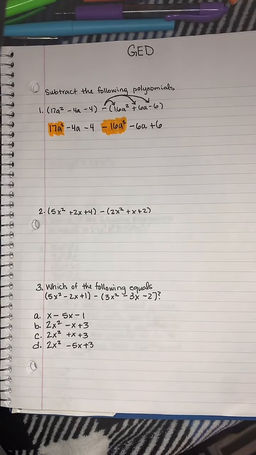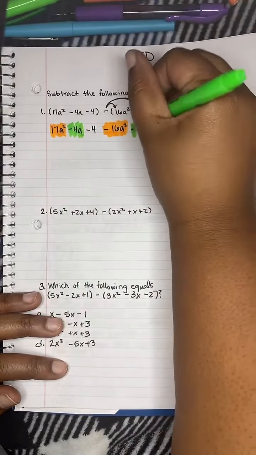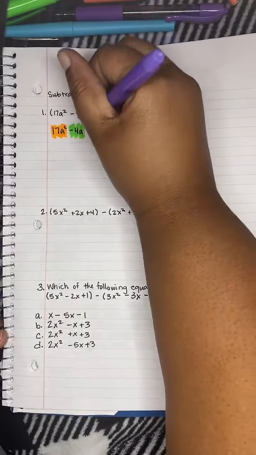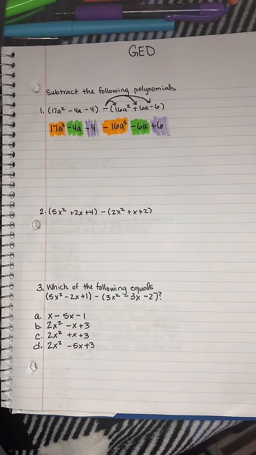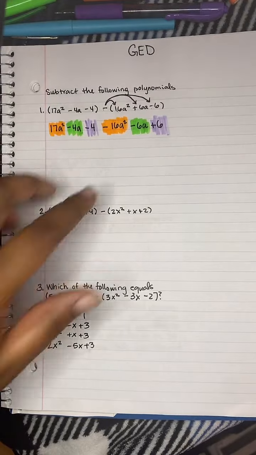So literally, you're flipping all the signs to their opposite. So this negative went to a positive. This positive went to a negative. This positive went to a negative. Okay. Now, since there's no negative in front here, we just drop this down. So we put 17a squared minus 4a minus 4.